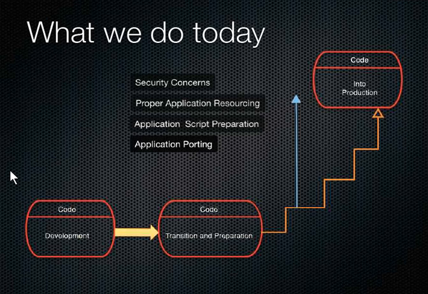Then there are security concerns, proper application resourcing, application script preparation, and in some cases a need to do application porting. Many of these things should be taken into account before it transitions to production. But these are the things that we're running into today.